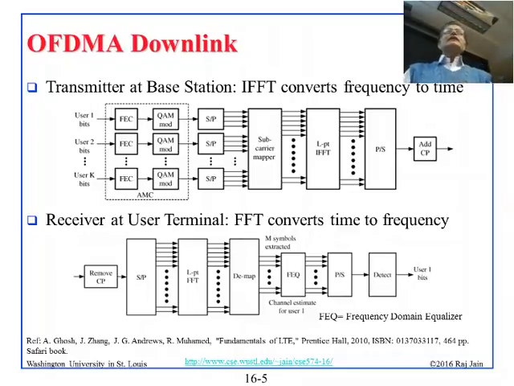Any matrix multiplication is the same size in the receiver and the transmitter. The transmitter has a 1024 IFFT, and the receiver has a 1024 FFT. Actually, the difference is not even there, so this is exactly the same.